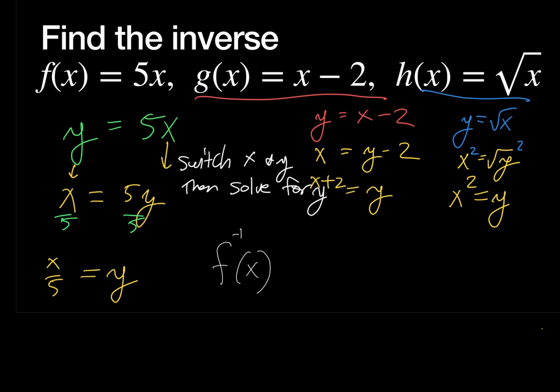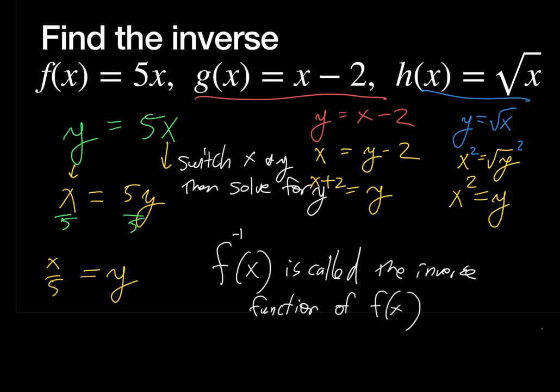F to the negative 1 of x is called the inverse function of f of x, which means down here, this is the inverse of that one. So f inverse of x is x over 5.